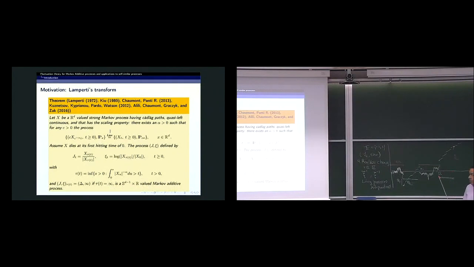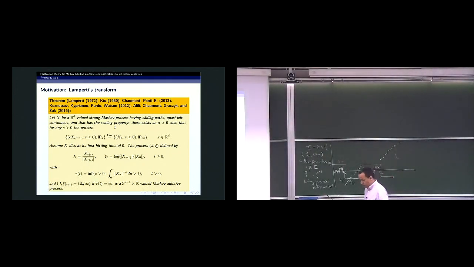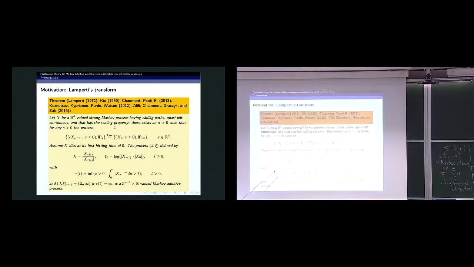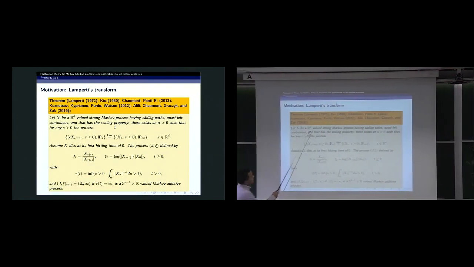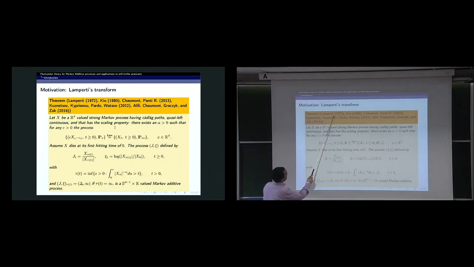And what is the connection of these processes with the main topic of the course, which is self-similar processes? There is a theorem that starts from the theorem that I described in the first session, the theorem of Lamperti, that was later generalized by a student of Lamperti, Rivero, and later extended by Chaumont, Pantí, and myself, and then a more general version finally by Alili, Chaumont, Graczyk, and Żak.